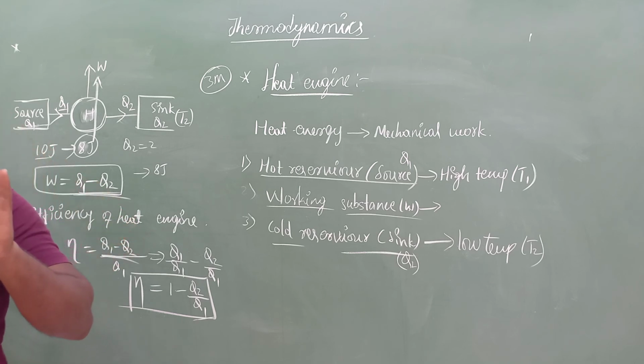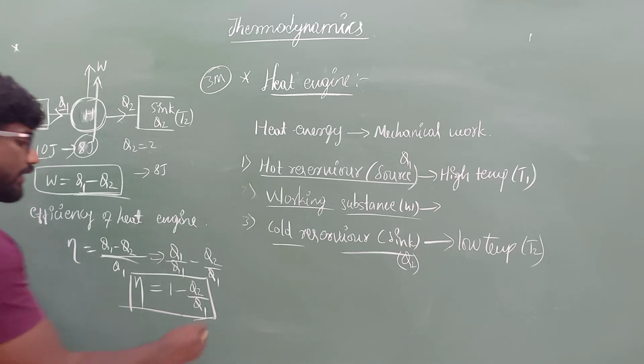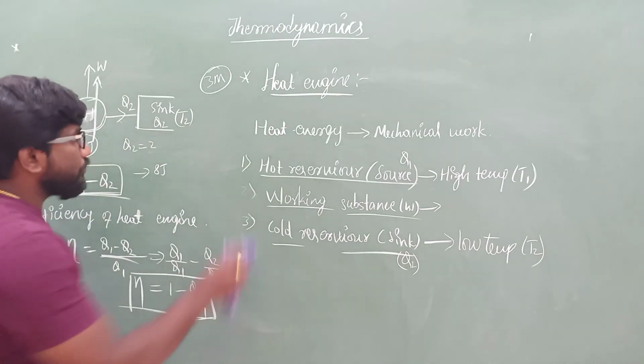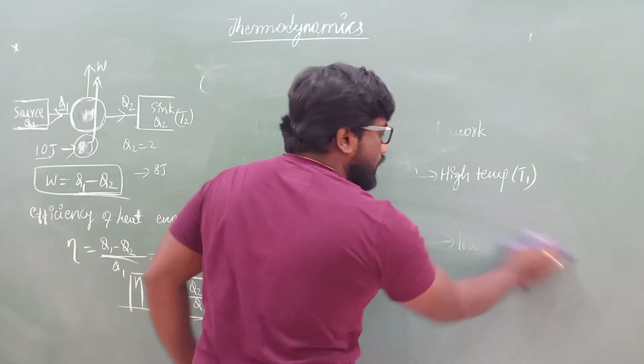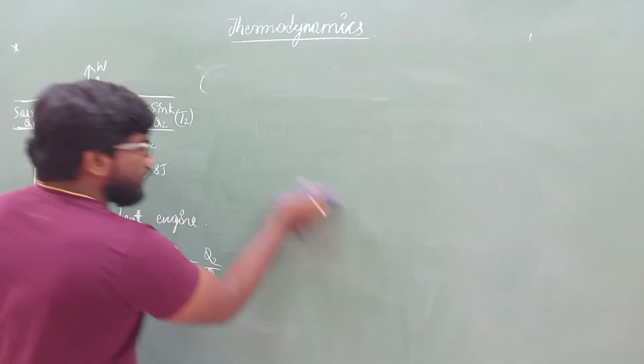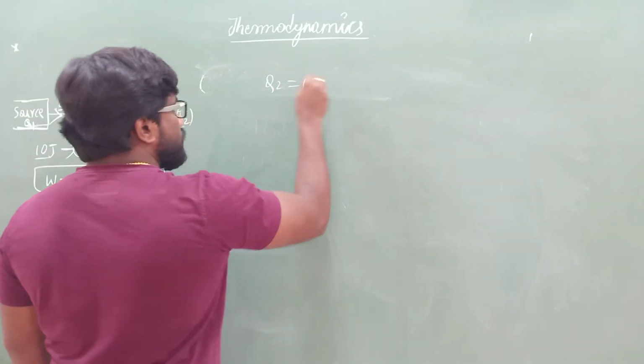If you want the efficiency of a heat engine to be 100%, what value of Q2 do you need? If Q2 is 0, then you will get an efficiency of 100%.